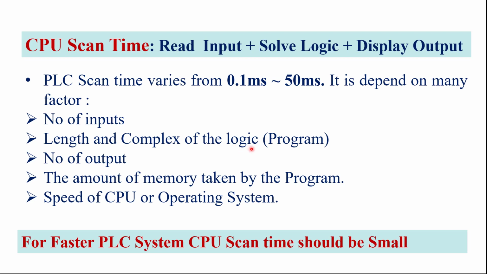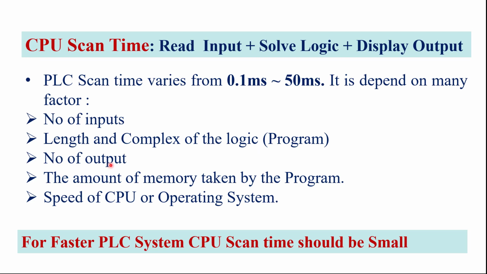If a highly complex instruction or program is written, such as a PID program with PID instruction, the scan time is high. If we use a number of timers, counters, and NC and NO contacts in the program, the length and complexity of the program increase, and that affects the scan time of the CPU. Scan time also increases.